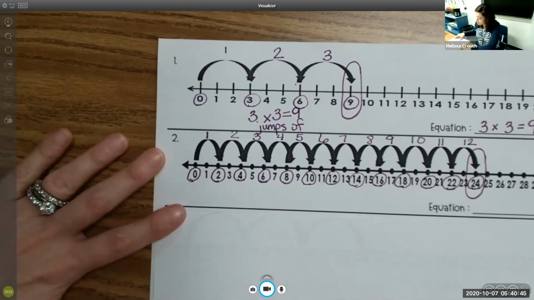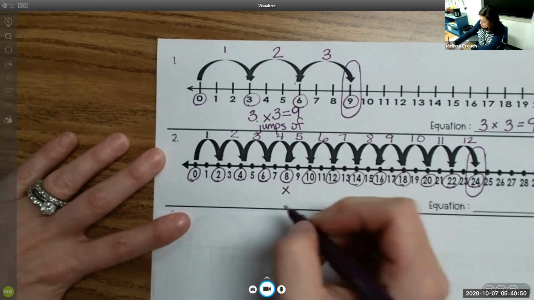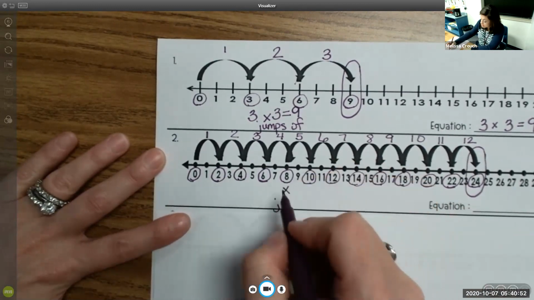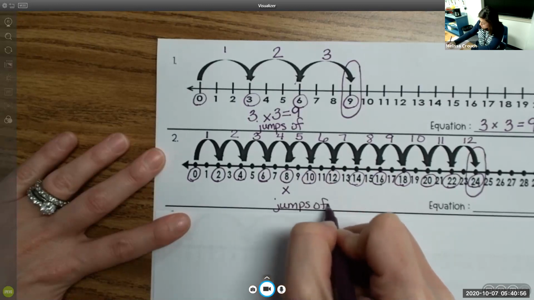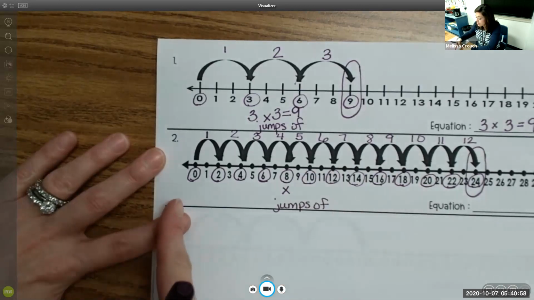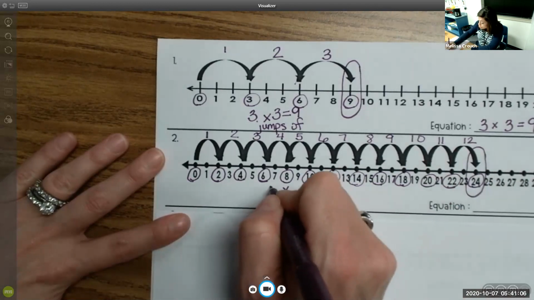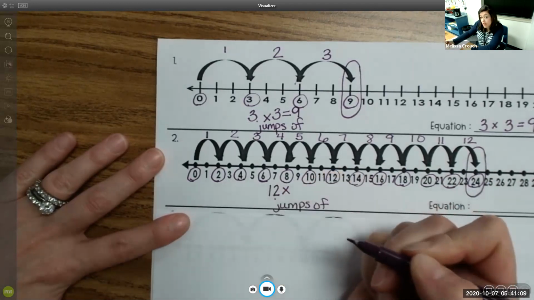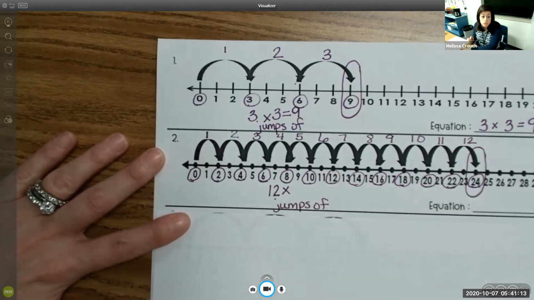Okay, so my multiplication symbol means jumps of. Okay, so how many jumps did I take? I took 12 jumps of, what were we counting by? 2.